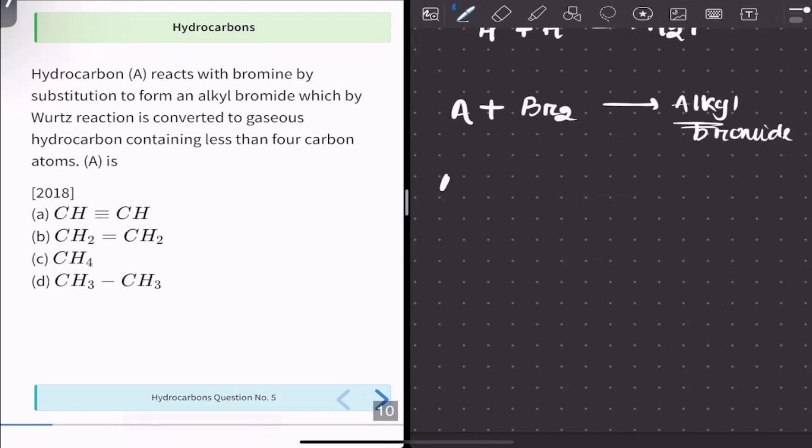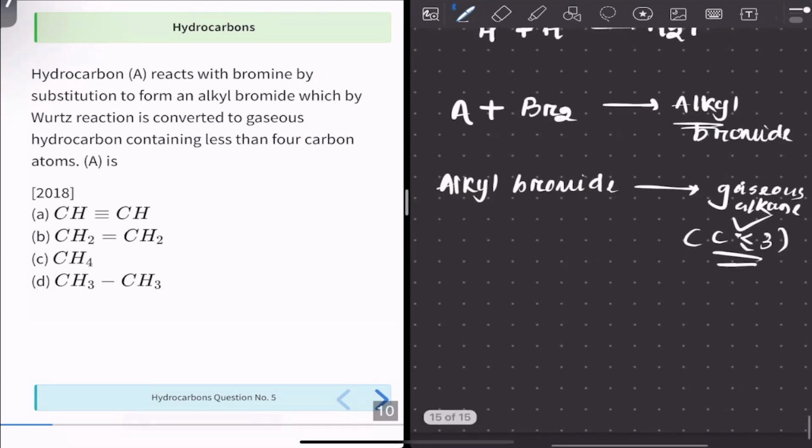This alkyl bromide is converted to a gaseous hydrocarbon containing less than 4 carbon atoms, means a gaseous alkane containing carbon less than 4, means maximum it can contain three. Okay.